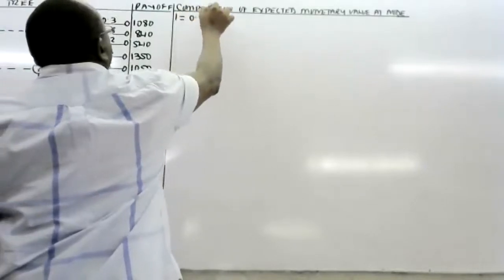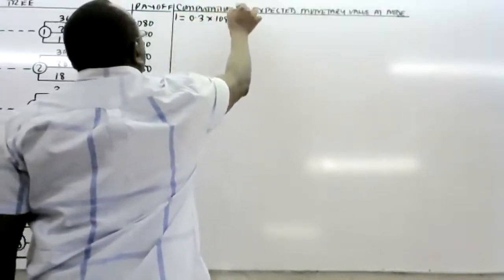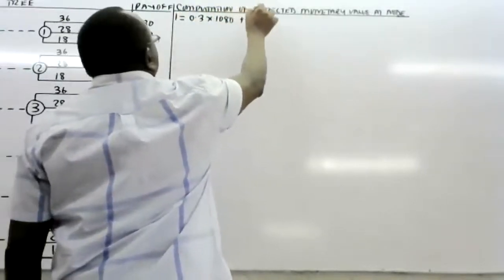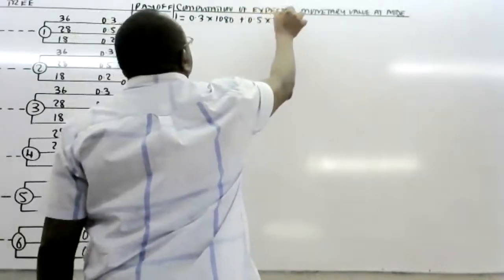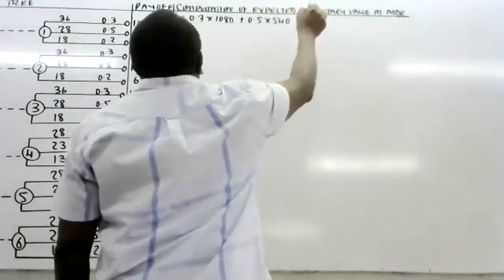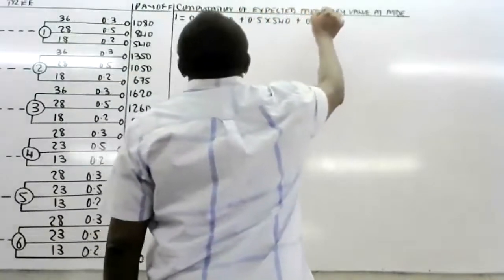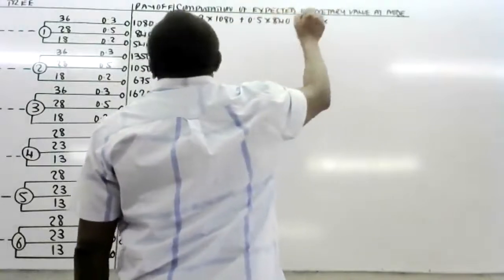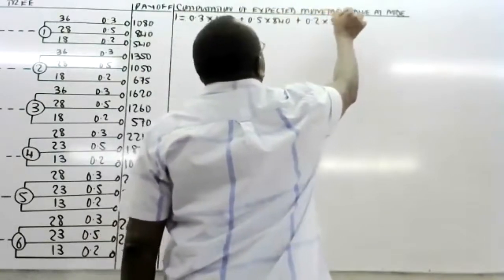Where we shall say 0.3 times 1080 plus 0.5 times 840 plus 0.2 times 540.